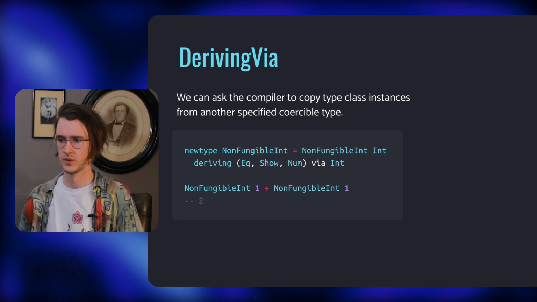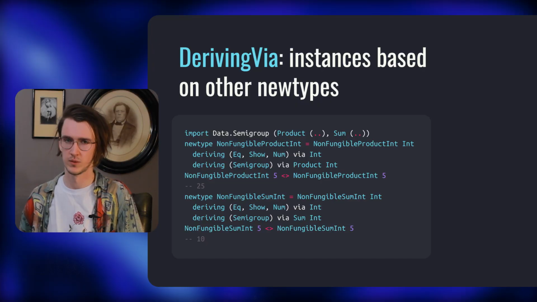For example, we can explicitly specify the type Int as a reference when deriving instances. We can go one step further and specify an instance based on another newtype. For example, we can ask to derive the behavior for Int from Product or Sum newtypes.